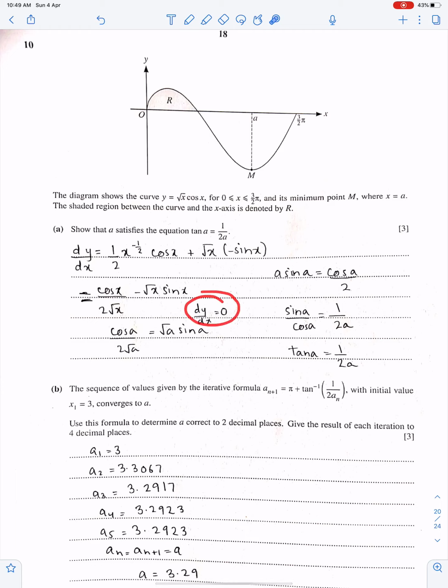Now by equating the gradient to 0 and simplifying, and substituting x equal to a, when you do this, you will get this thing. And finally you will get tan a equals 1 upon 2a.